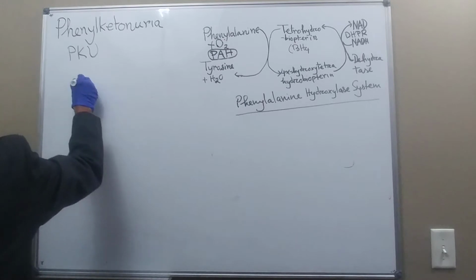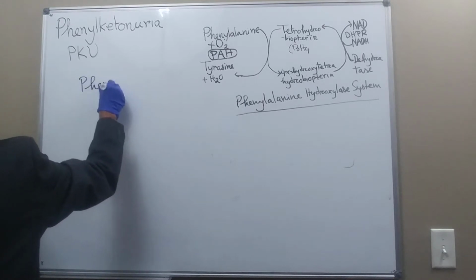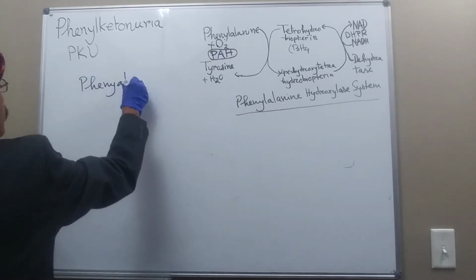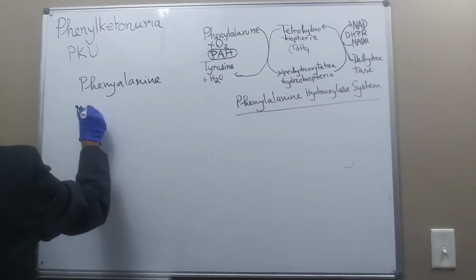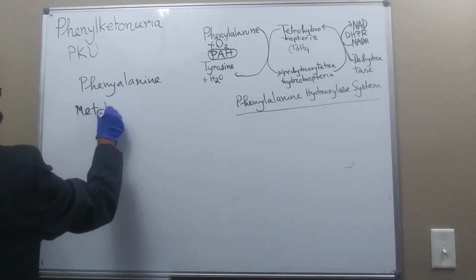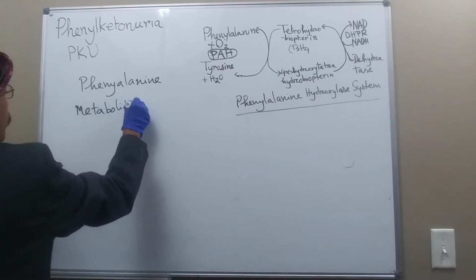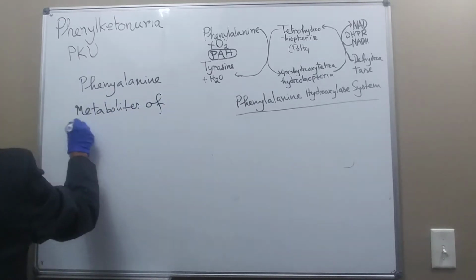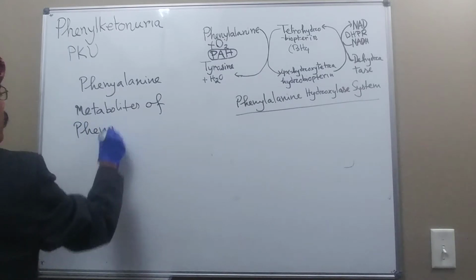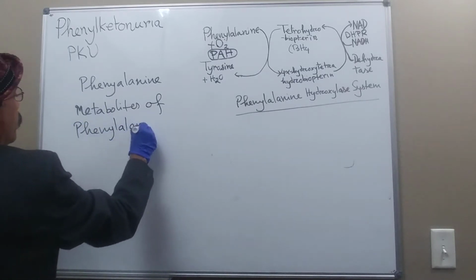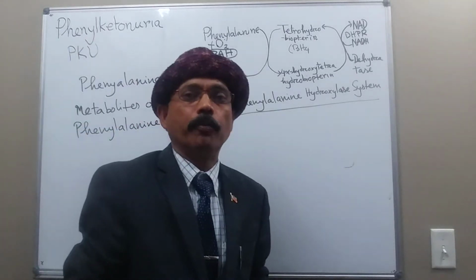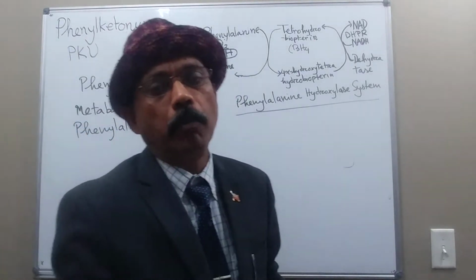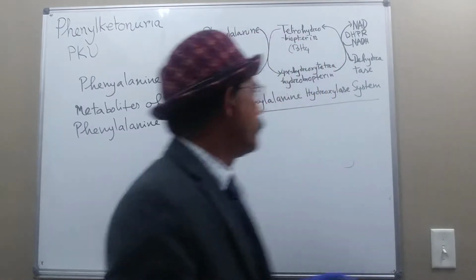So what will happen? Phenylalanine and the metabolites of phenylalanine will go to the brain and the cerebrospinal fluid, and can cross the blood-brain barrier.